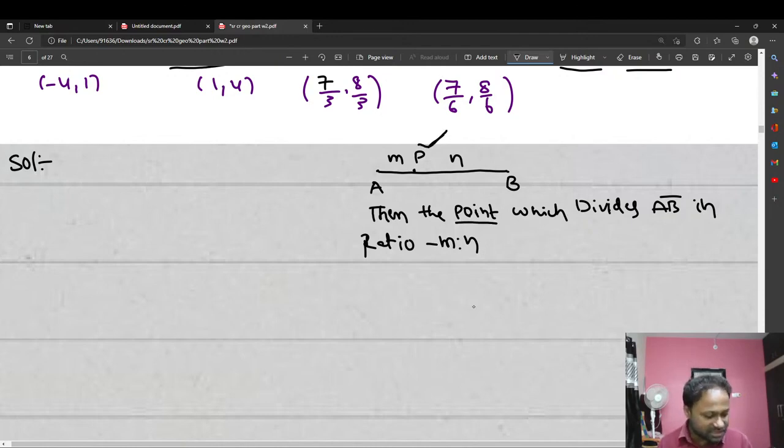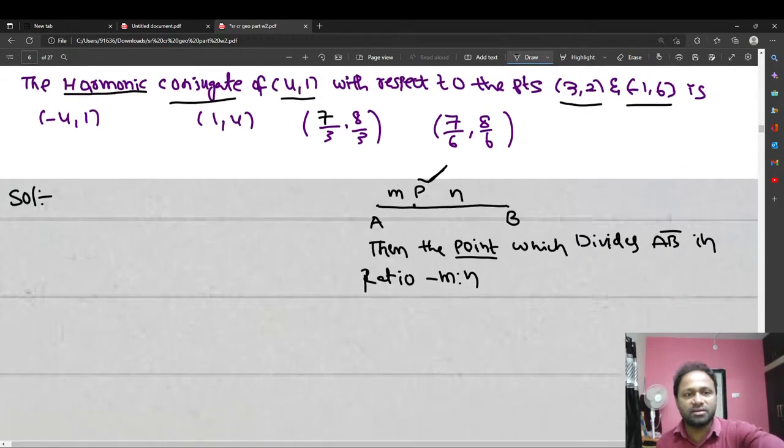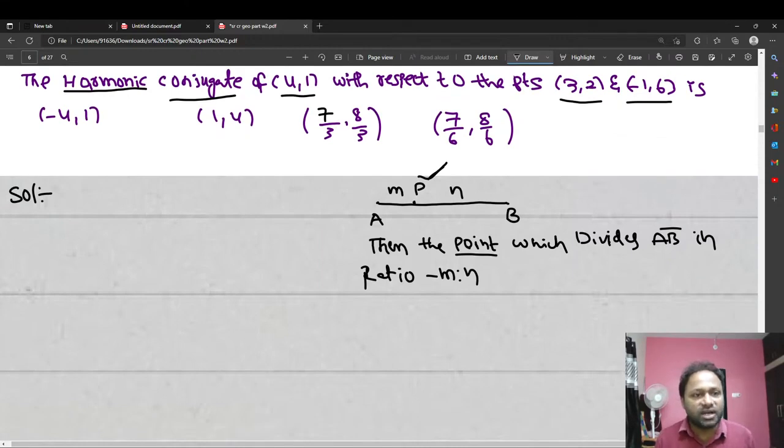So once again, a harmonic conjugate means: if a point divides in the ratio M is to N, the point which divides the same line segment in the ratio minus M is to N, meaning outside, is called the harmonic conjugate.